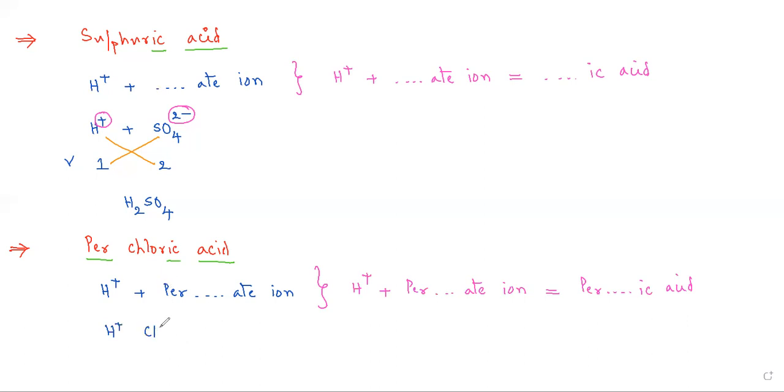You know the formula of the perchlorate ion is ClO4 minus. Valency of this is 1. Even the valency of this also is 1. Now cross the valencies, you'll get the formula. So it is that simple.